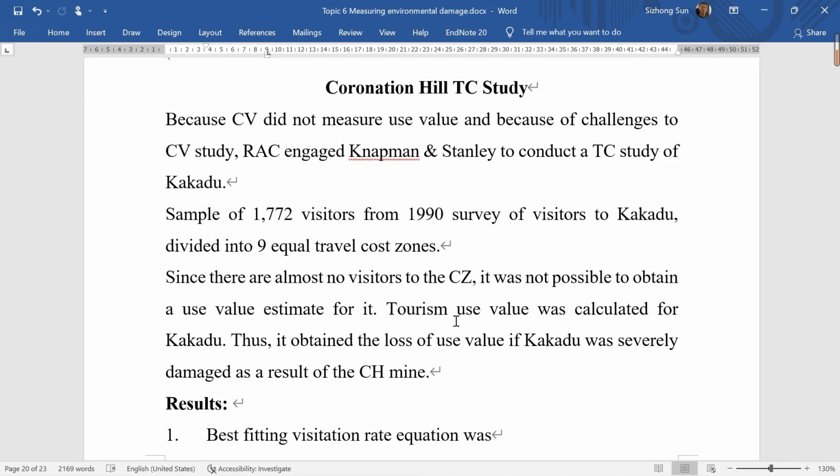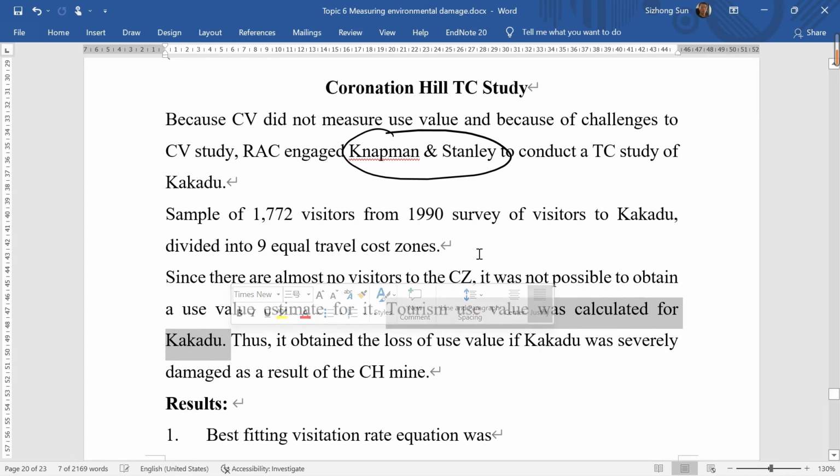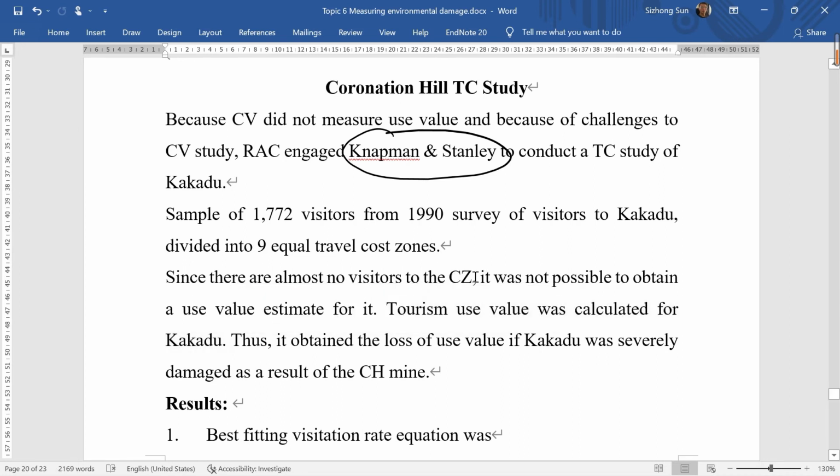That's done by these two researchers. They collected a sample of 1,772 visitors from 1990 surveys of visitors to Kakadu, divided into 9 equal travel cost zones. So they calculate use values for Kakadu rather than the Coronation zones, okay? Because there's no visitor there.